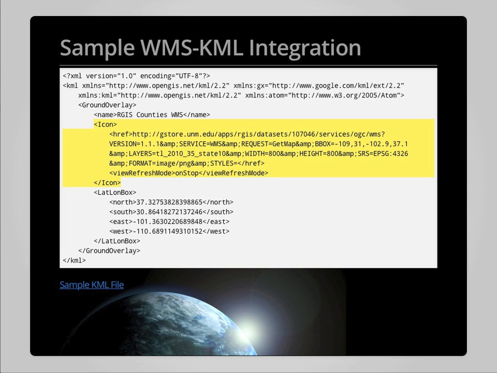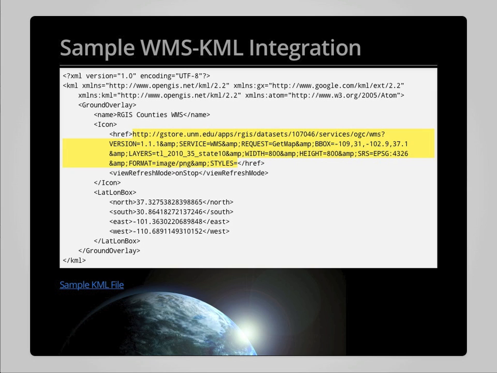We're defining an icon where essentially we can define an image to be associated with that icon for symbolizing this ground overlay. And if you look closely at this href element, that is a getMap request, with this one change that you need to keep in mind.